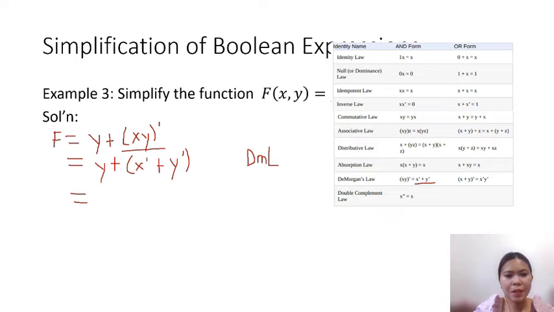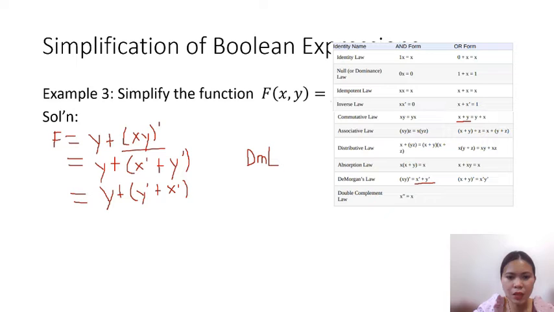Okay. Next step natin dito, pwede natin ma-implement si commutative law, ang or form. Yan. So, kopya natin si y plus, so commutative, ibaliktad natin siya, magiging not y plus not x.